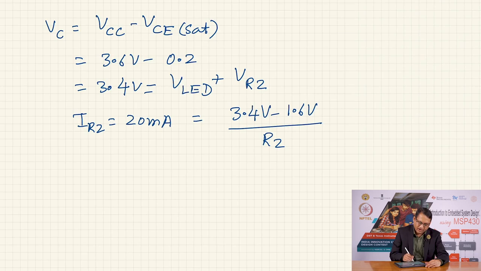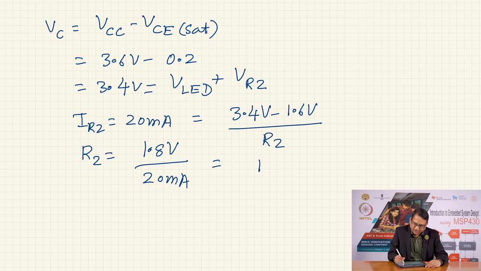So, to estimate the value of R2, since the voltage drop across the LED is 1.6, it will lead to 1.8 volts, divided by the current which we want to be 20 milliamperes, which will lead to 1800 by 20 ohms, and so this will lead to about 90 ohms.